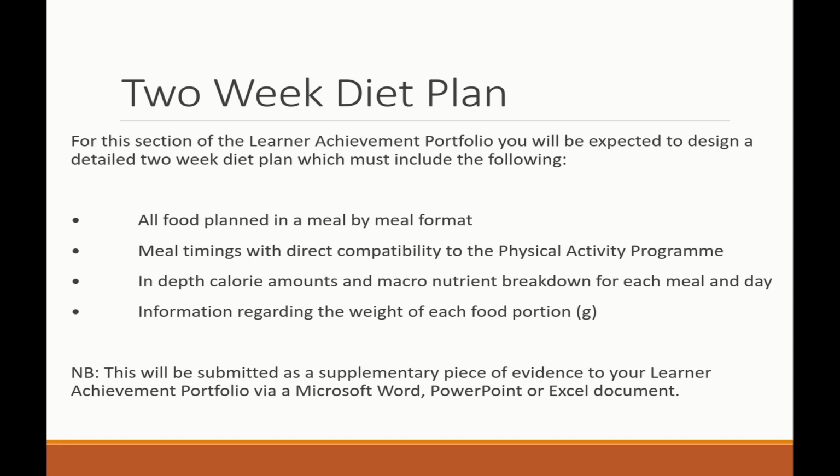It also allows the client, if they are following a step-by-step 2-week diet plan, to know exactly how much food they're cooking in order to achieve the goals which have been set out. So your 2-week diet plan must be detailed, and it must include those 4 bullet points if it's going to meet the criteria and satisfy the assessor and the external verifier.